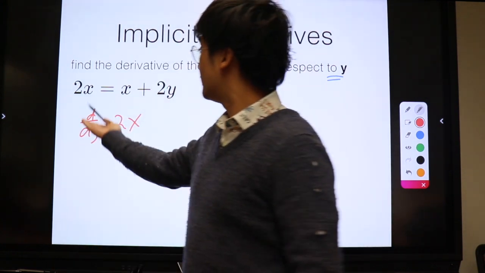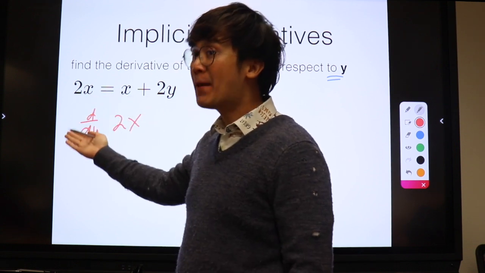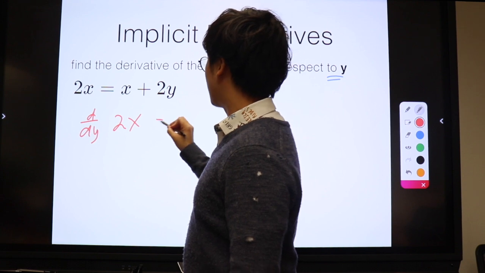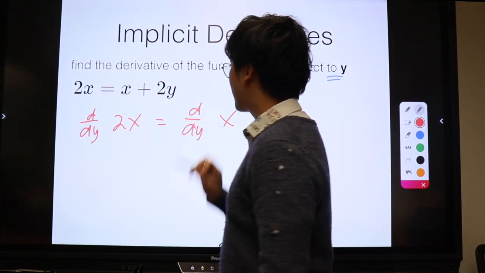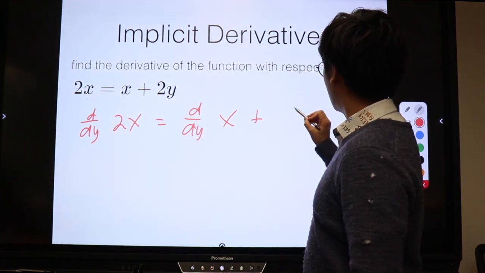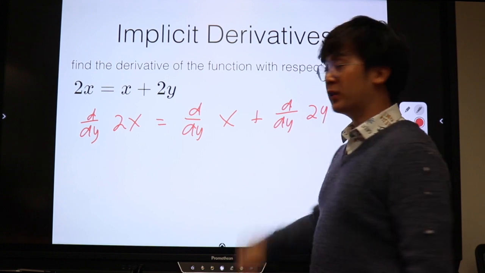Because we're taking the derivative of 2x with respect to y. That's basically what this symbol means in calculus. And this time we take the derivative of x with respect to y and the derivative of 2y with respect to y.